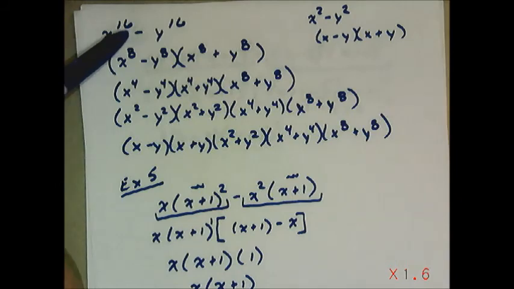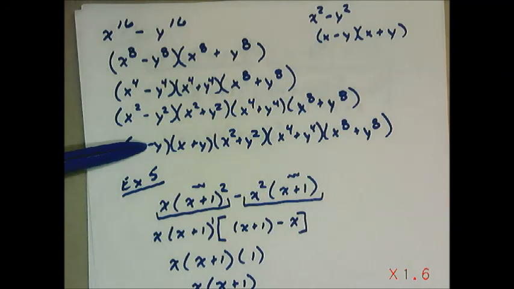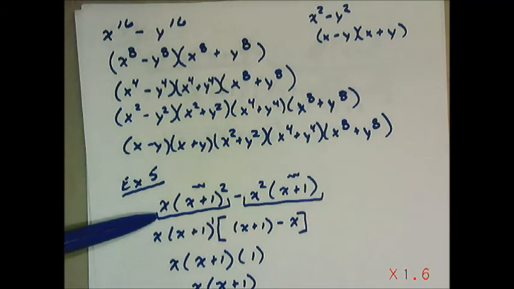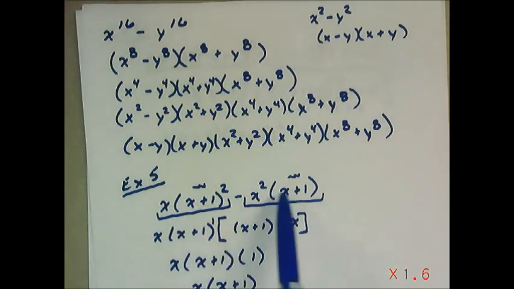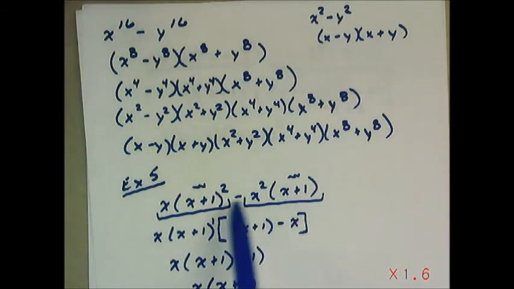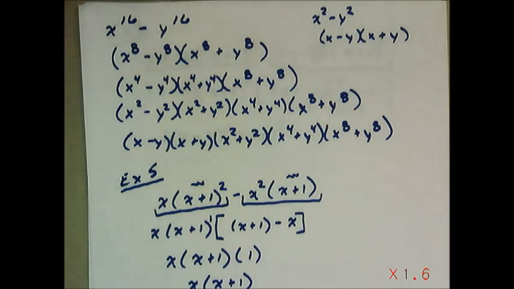So we have x to the 16th minus y to the 16th, and we were able to factor that quite extensively. And finally, we looked at being able to factor where we had quantities that were in common, which we factored essentially by grouping as well. We pulled out the GCF, and then we cleaned up what was left over if we could. And that concludes our factor by grouping and factoring larger degree polynomials.